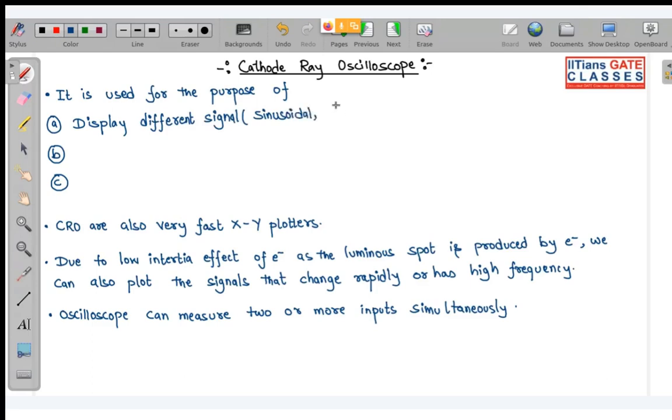Then the sawtooth waveform. Sawtooth waveform basically means a triangular waveform. This is the sawtooth waveform, triangular waveform, or you can even say ramp waveform.